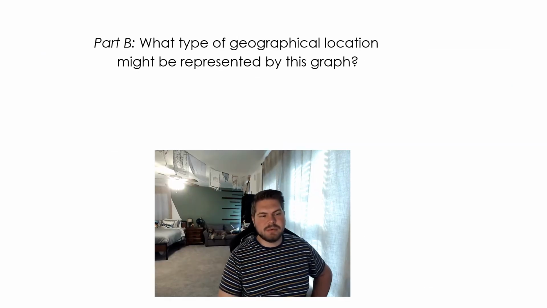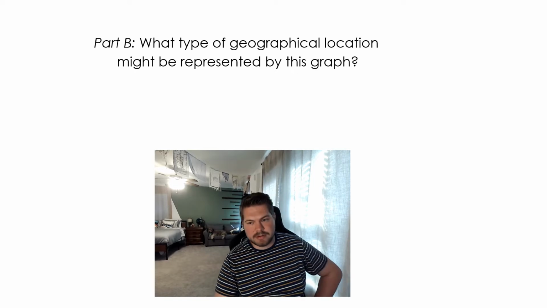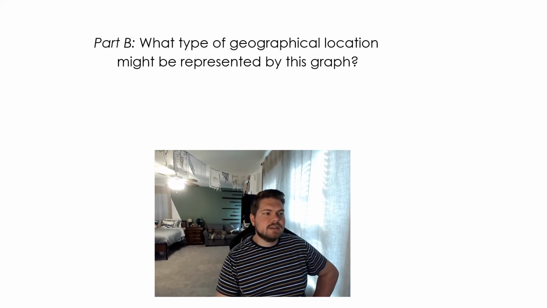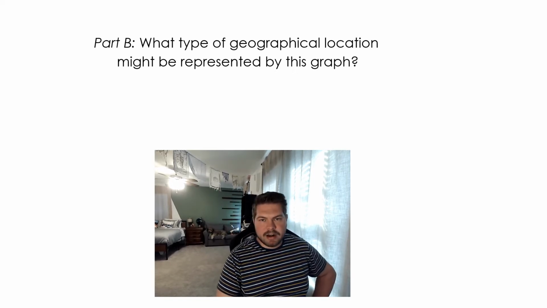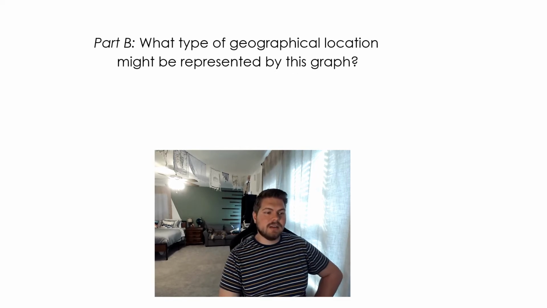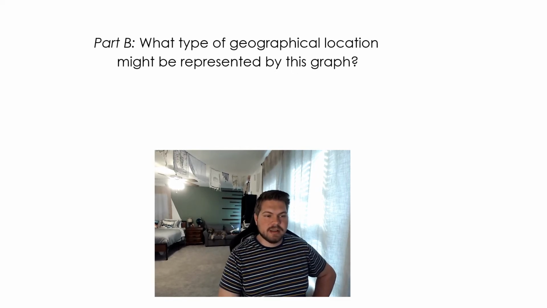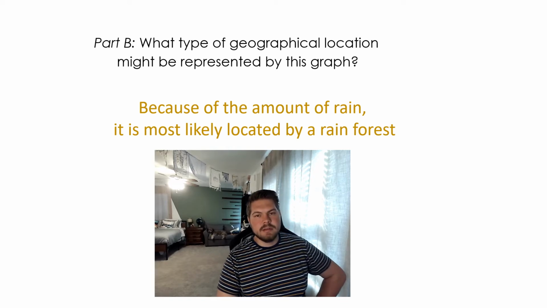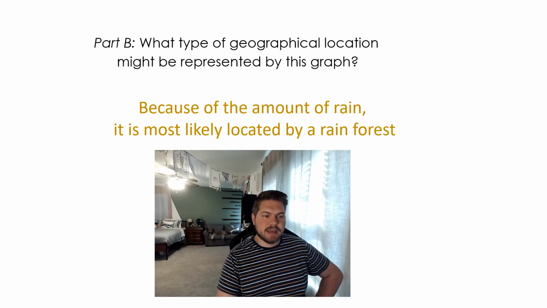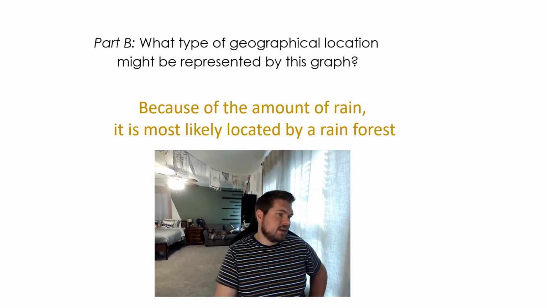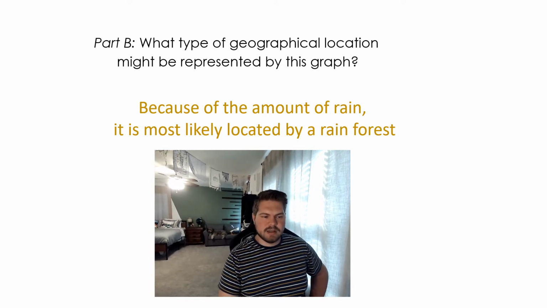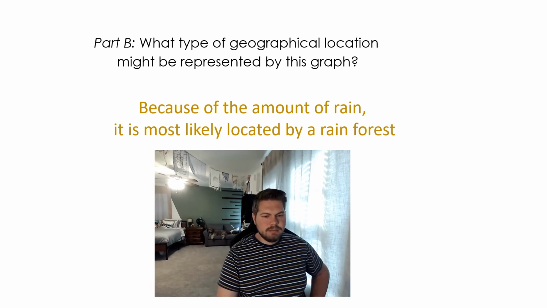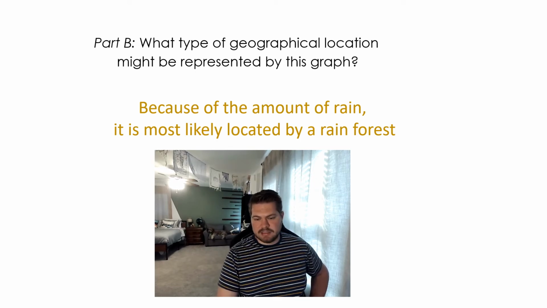So this one asks what geographical location is represented by the graph. So think about it. You're getting a lot of rain every month. So it's probably a rainforest, would be my guess. And you can put any rainforest. I just left it vague because it doesn't give us an exact detail.